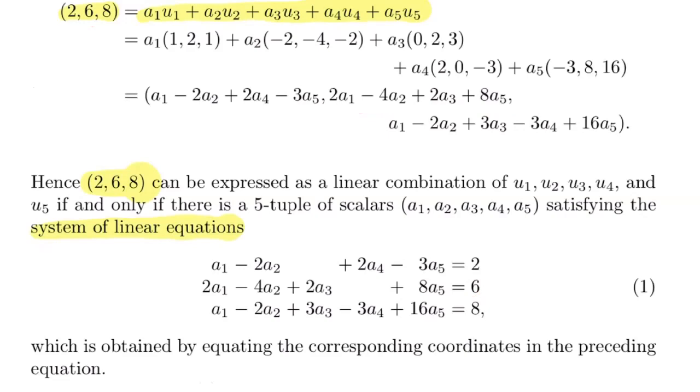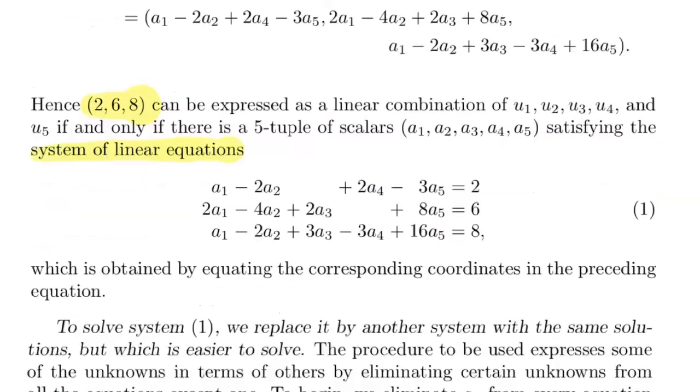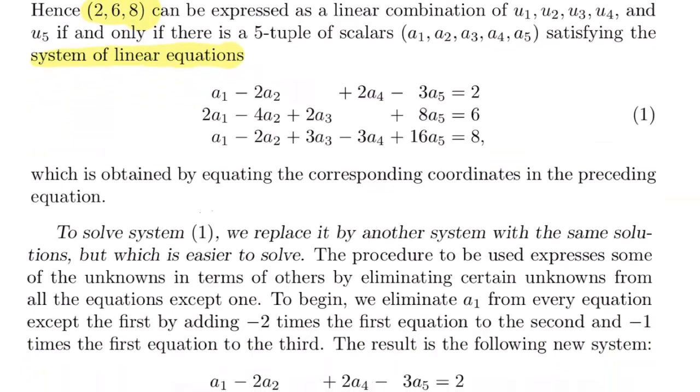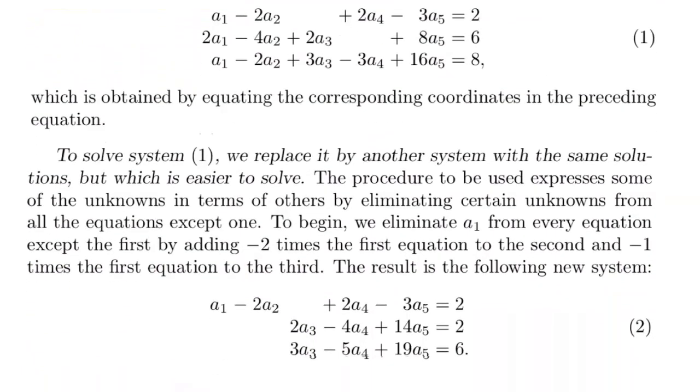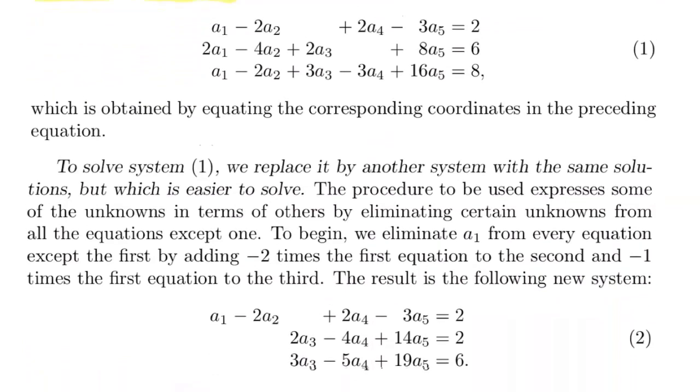And how do you solve such a system? In Math 241, you learned systematic ways to do this. In fact, you learned systematic ways to do it with matrices. I'm going to be a little less fancy here, and I'm not going to spend a lot of time walking through the details. This is all taken from your text, but I just want to hit the highlight of it. To solve this system, the author is referring to it just as equation 1, which is a very nice way, by the way, in your homework write-up.